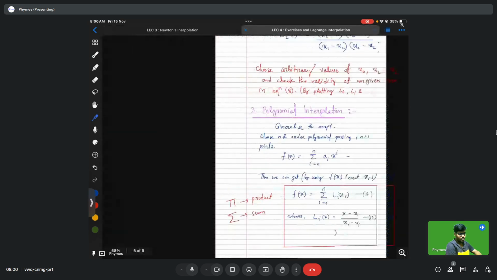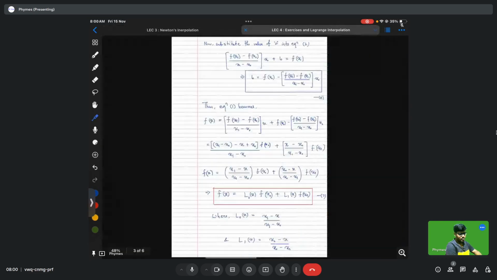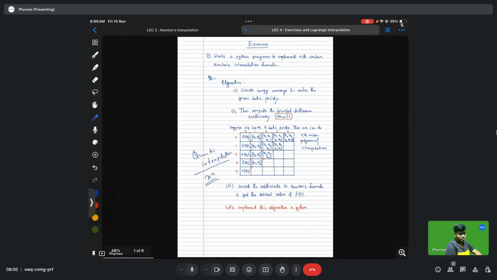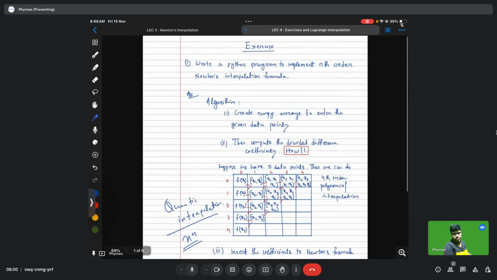Okay, let's now go back to our Newton's divided difference method, and let's see how to implement this in Python.